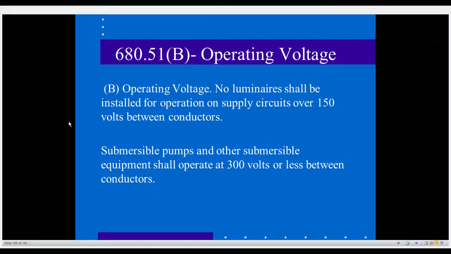They can't operate over that. So that's the typical voltage that we'd run into. And then the submersible pumps, 300 volts or less between conductors. That covers a 277 application, a 240 application, and the 120 applications. When you're dealing with voltages, all of those aspects are covered under this one. So you have those voltage limitations that you have to keep in mind.